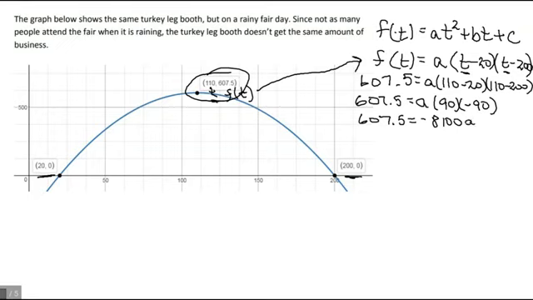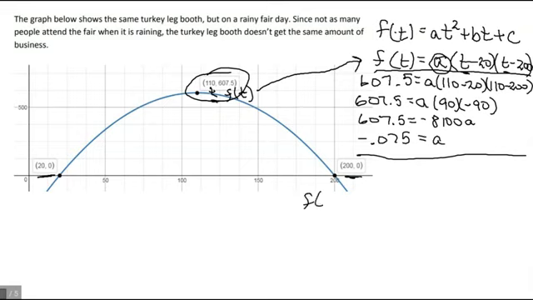And then I'm just solving my equation, so I'm dividing both sides by 8100, and I get a equals negative 0.075. So now that I have my value for a, I can take that and substitute it back in here and rewrite this equation.